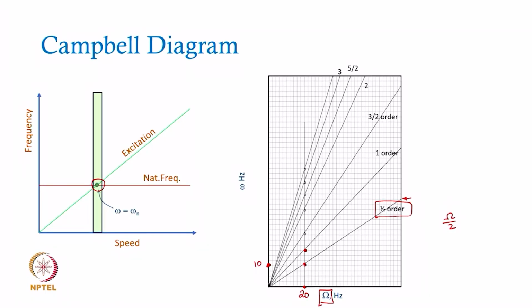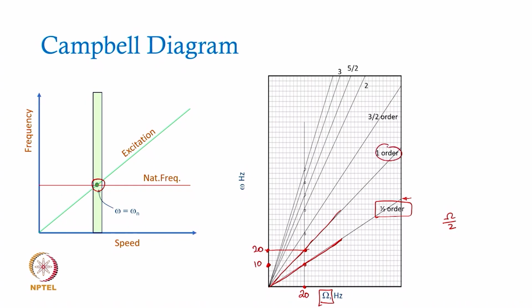So, if you are rotating at 20 hertz, the fundamental frequency is 10 hertz, the second frequency is going to be multiplied by 2 to get 20 hertz, the third one will be 30 hertz and so on. That is basically getting reflected here, that this excitation line has a slope which is not 45 degrees, like what you have for the second harmonic, where 20 hertz rotation speed will generate 20 hertz excitation frequency.